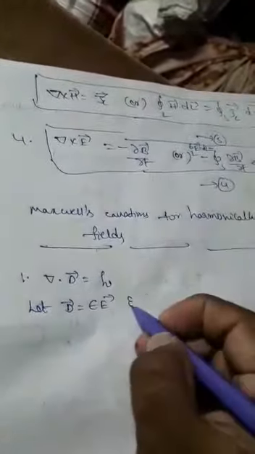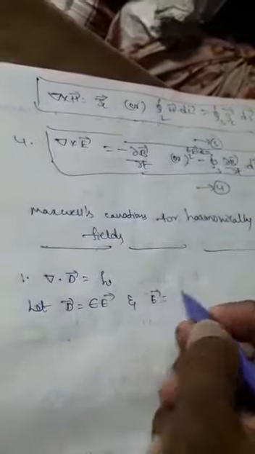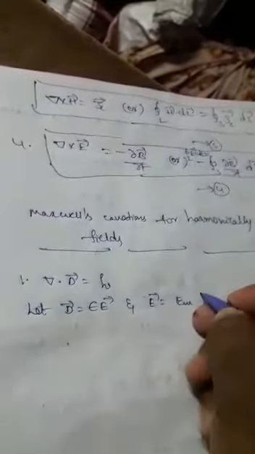So see here, divergence of D bar is equal to rho v. For this, let D bar be equal to epsilon E bar, and E bar is equal to E max into e to the power of j omega t.